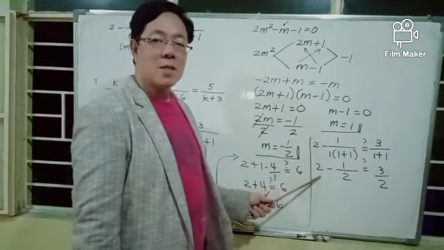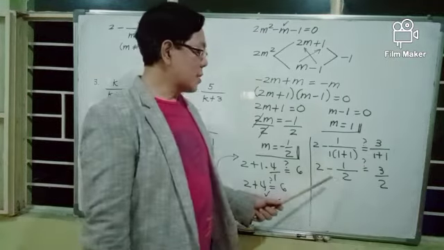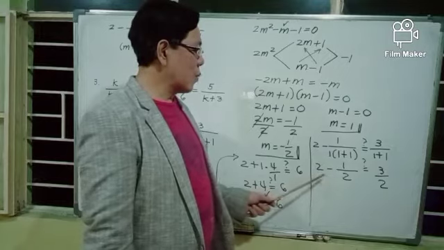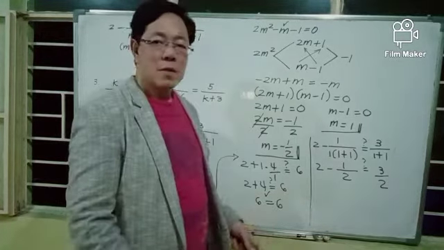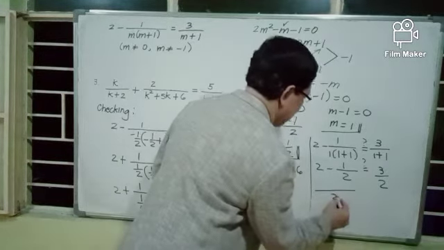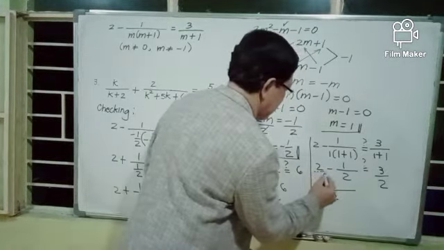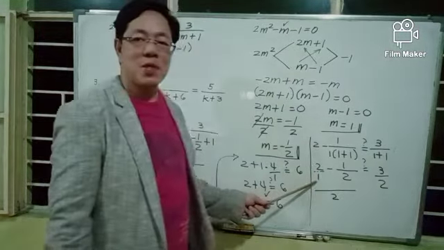Now, to get the difference of 2 minus 1 half, you get the LCD of 2 and 1. 1 is the denominator of 2. If you write the denominator of 2, the denominator of 2 is 1.